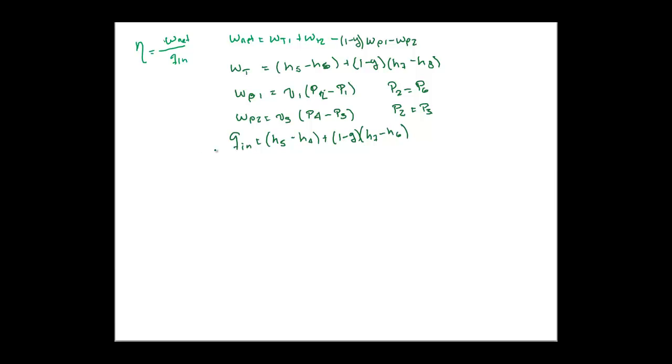Okay, in the open feed water heater, we can start with an energy balance. We already did this in the previous video, but we're going to repeat it just for clarity.